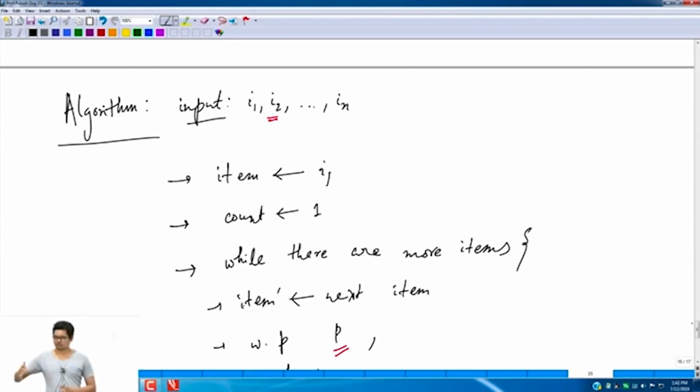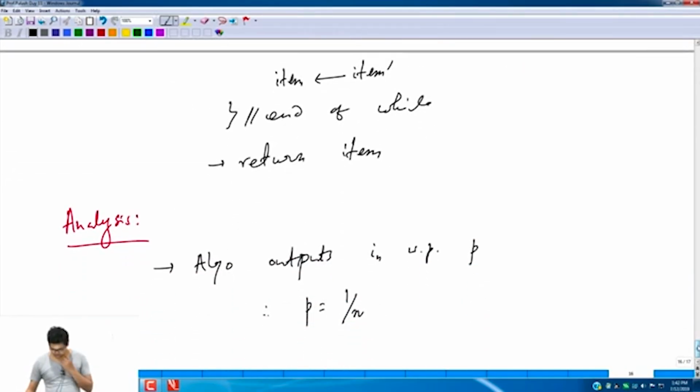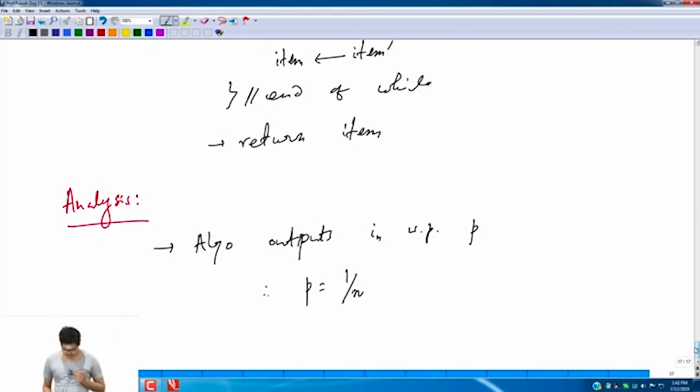Had it stopped at 50, after 50 items, the correct P value would have been 1 over 50, isn't it? So just imagine this scenario, just see what is going on.